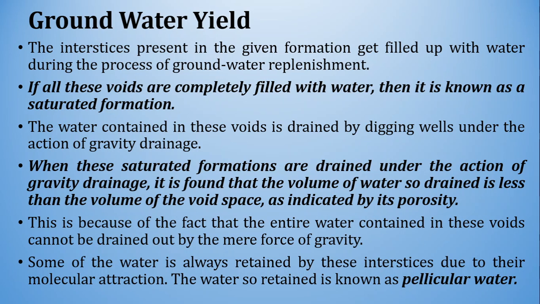That we have already seen. The water contained in these voids is drained by digging wells under the action of gravity drainage. When these saturated formations are drained under the action of gravity drainage, it is found that the volume of water so drained is less than the volume of the void space as indicated by its porosity.